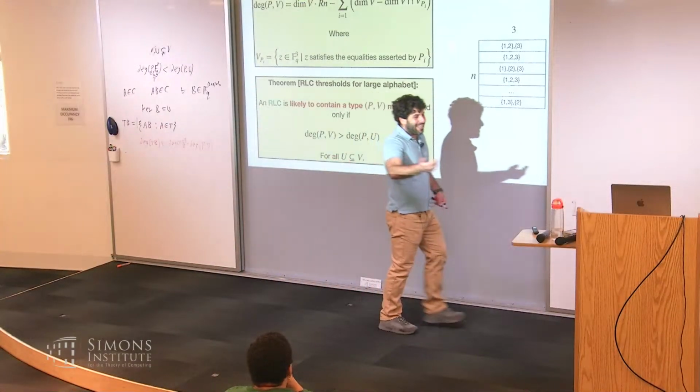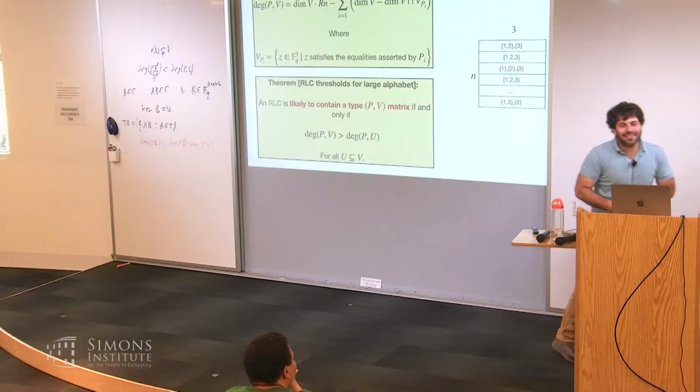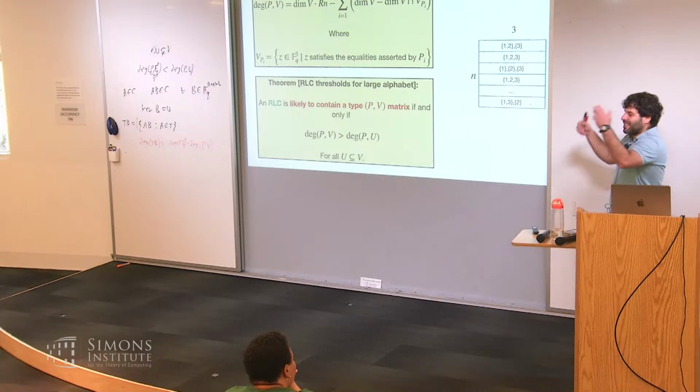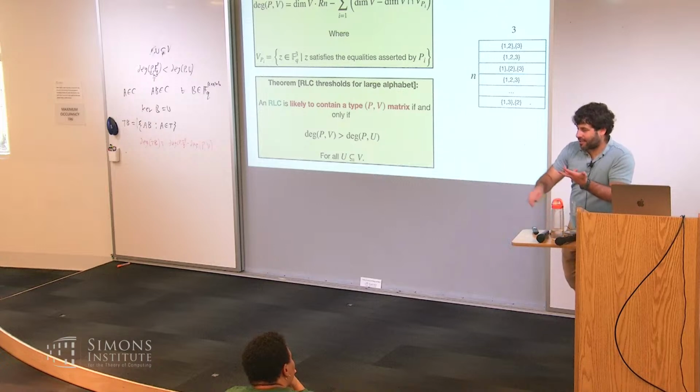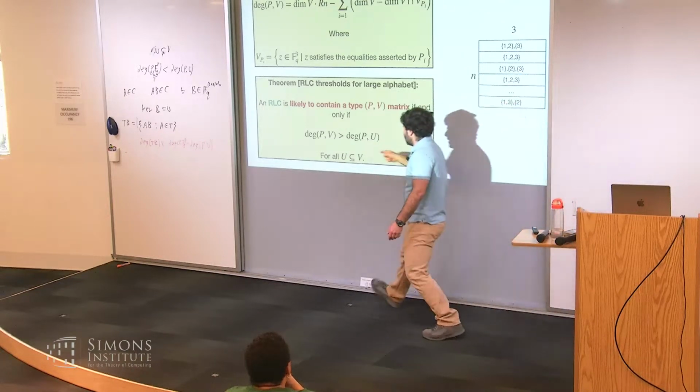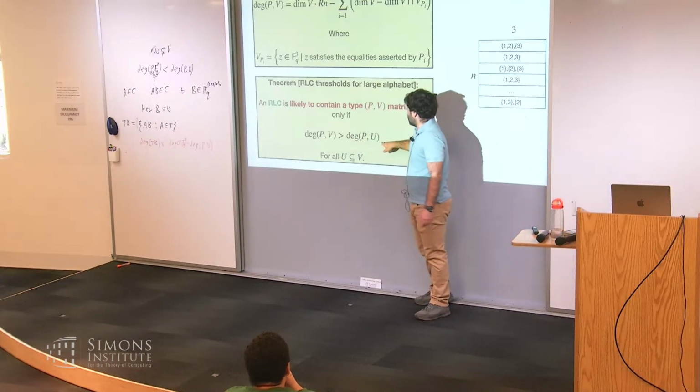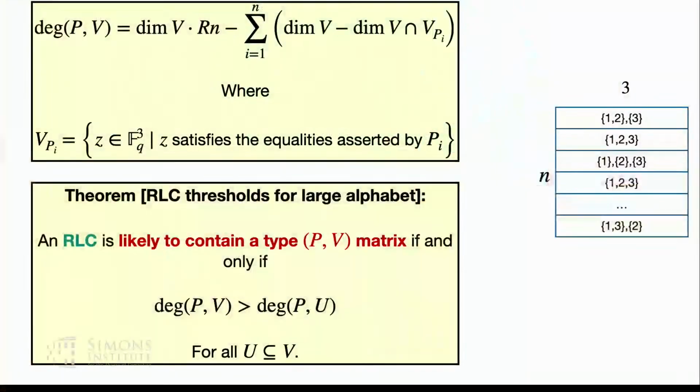So this would be equivalent to the easy part of the threshold theorem in the classical case, because it shows that having degree PV less than degree PU means that with high probability PV does not appear in the random linear code.